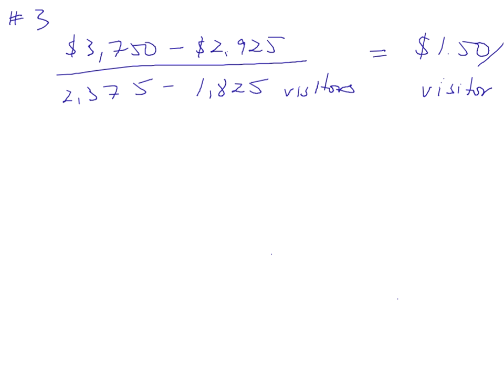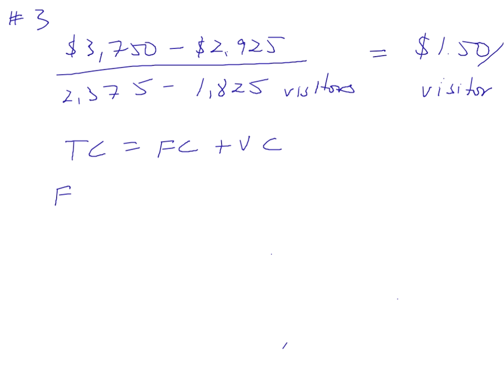All right. So now that we have our variable cost per visitor, we can go back to our trusty formula. Total cost equals fixed cost plus variable cost. We can use this formula, or we can arrange it the way they had it in the book.